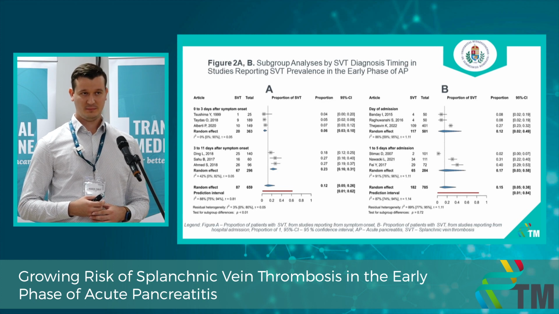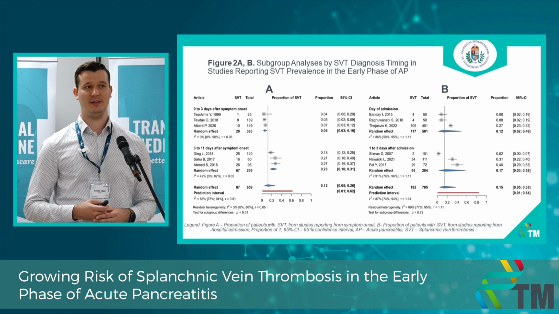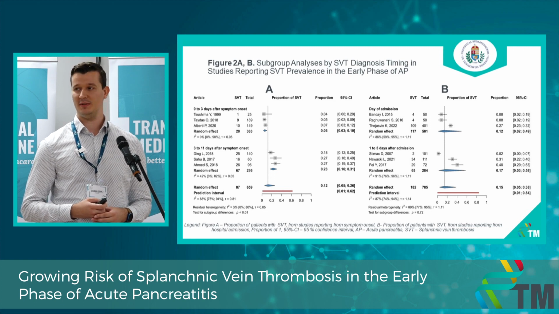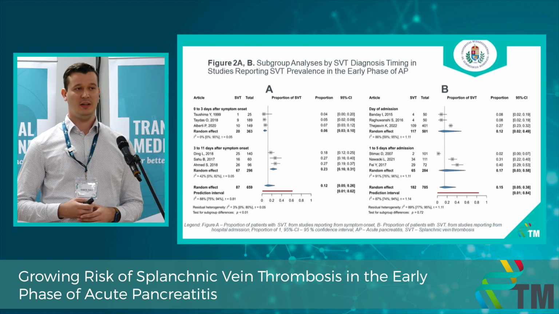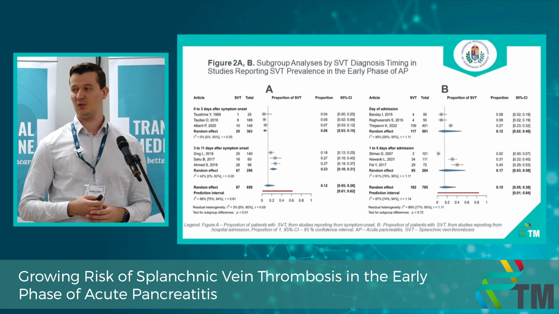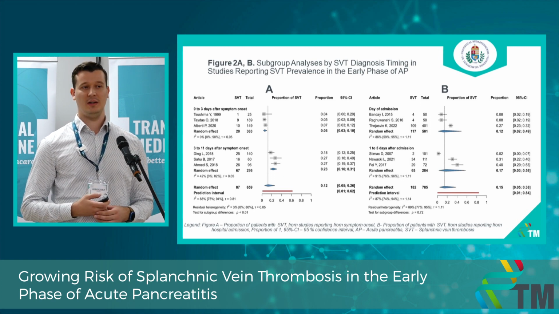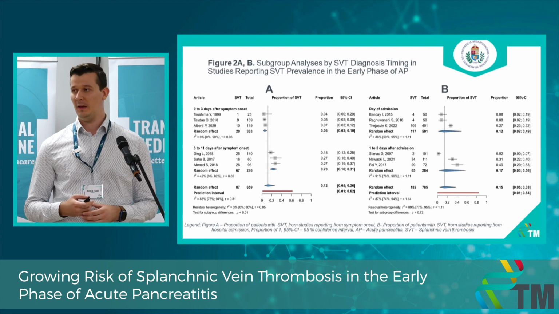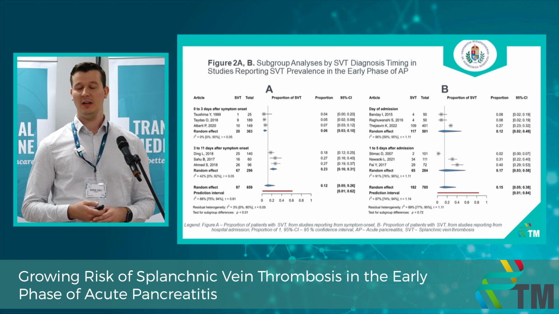And we have found that in the 0 to 3 day range after symptom onset, the prevalence is low, 6%. In the second group, the 3 to 11 days group, prevalence increases to 23%. This difference is clinically meaningful and it's highly significant.